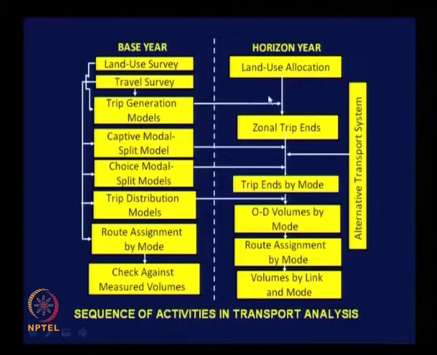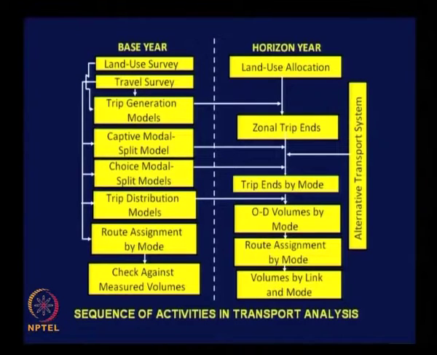Having known the zonal characteristics, you apply your trip generation models, right, and get zonal trip ends both in terms of trip production as well as trip attraction for the horizon year condition, clear. And then before you do mode choice, think of the possibility of introducing any new mode of transportation in the urban area. If there is a possibility, put that also as an additional alternative mode in the choice analysis.